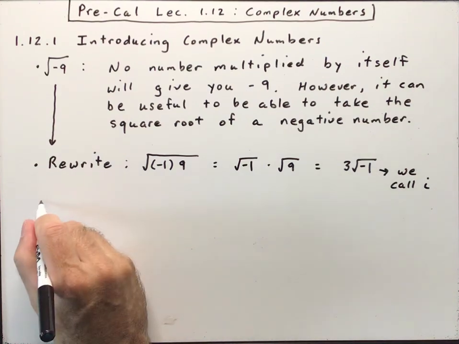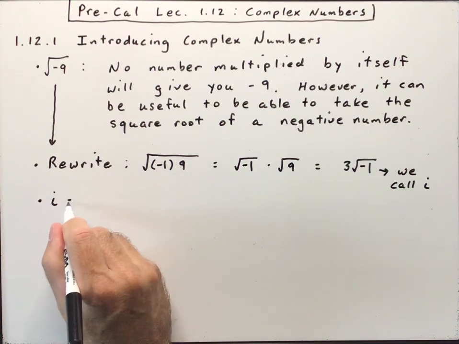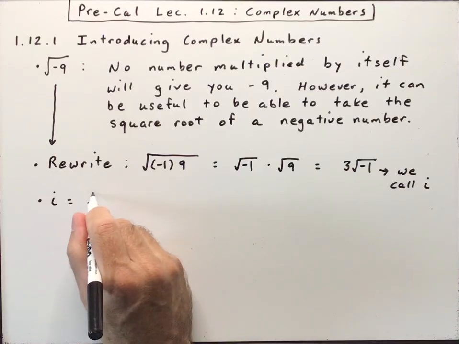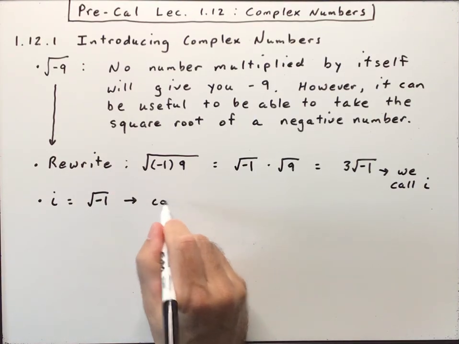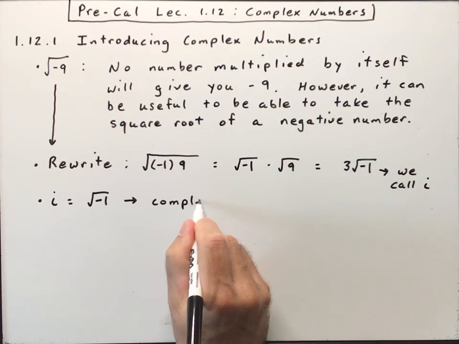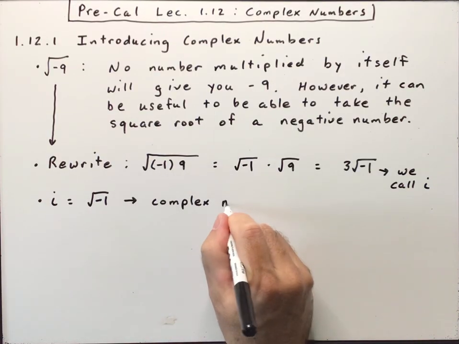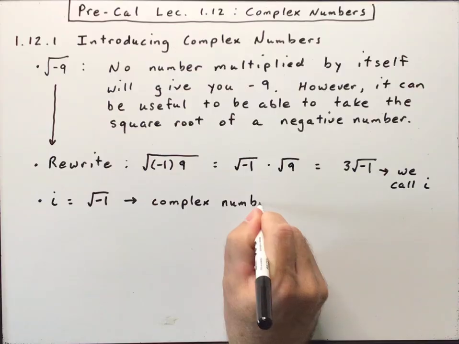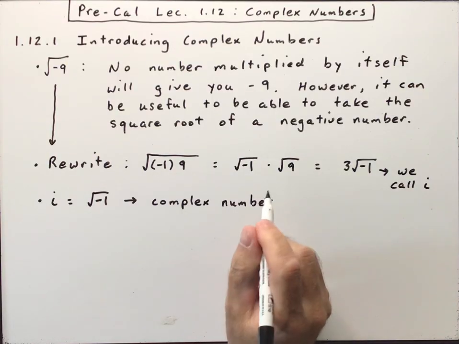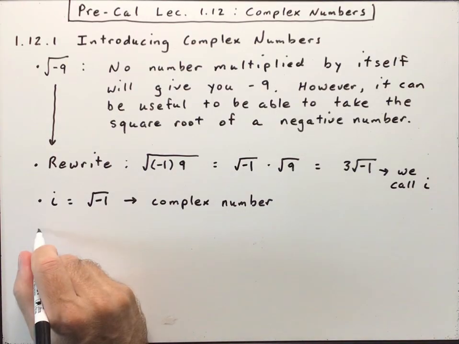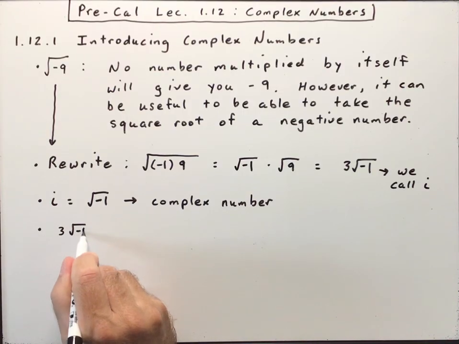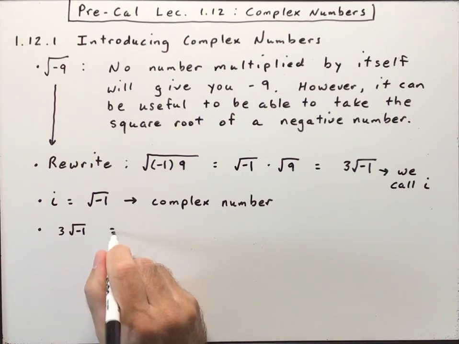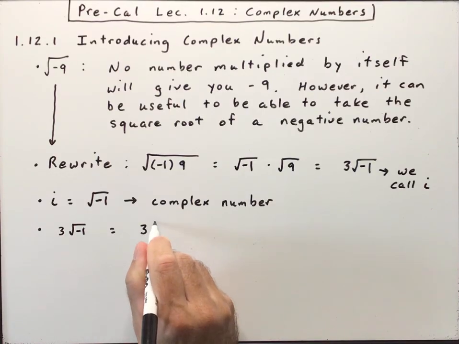So i is equal to the square root of -1, which is a complex number. For example, if you had 3 times the square root of -1, we would write that as 3i.